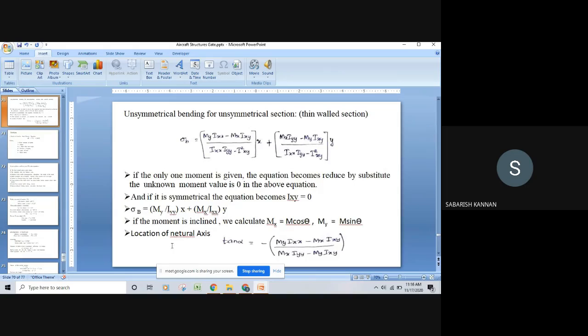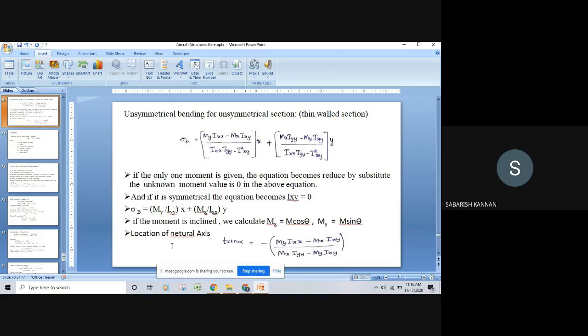And one more thing is very much important in bending stress, that is sign convention. Before solving your problem, check whether the problem is given in the xy plane, yz plane, or zx plane.